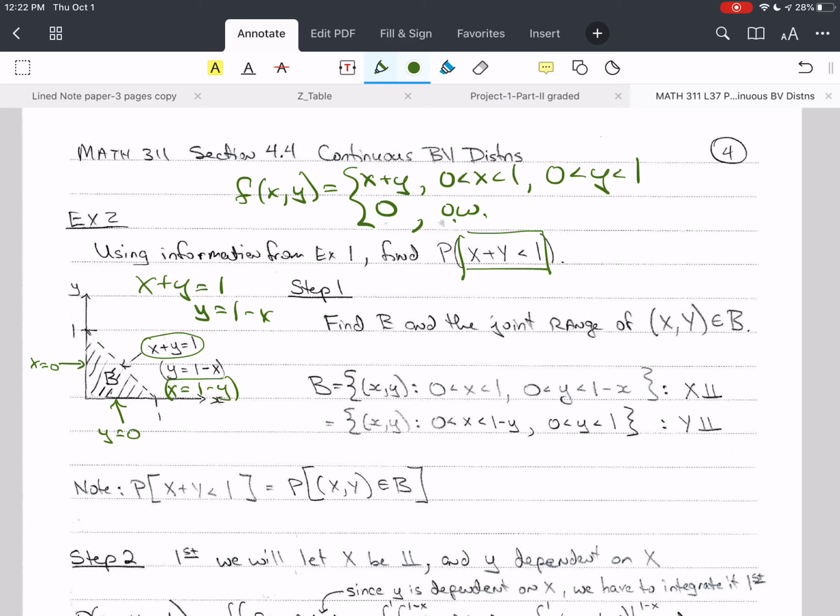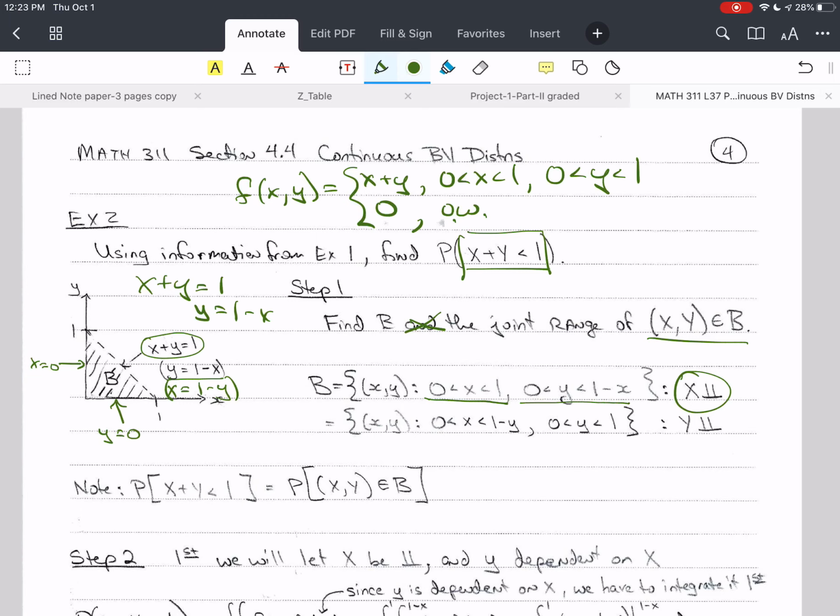All right? So I need to find B, which is the joint range of x and y, where x and y are in B, of course. So if I look at this and say, let me express x independently of y, okay? I'm not saying that x and y are independent because they are not. This is not a rectangular joint range here, so definitely they are dependent. However, I can express x by itself between 0 and 1, and then I have to express y dependent upon x.